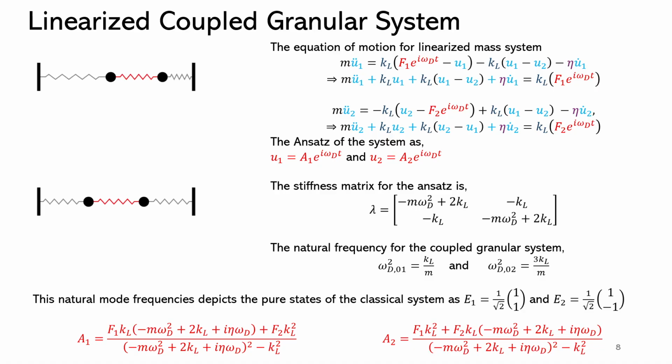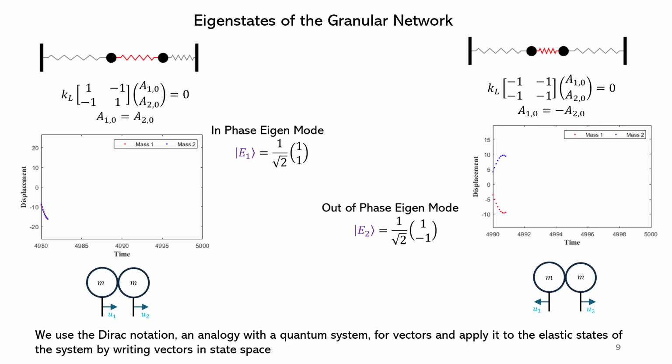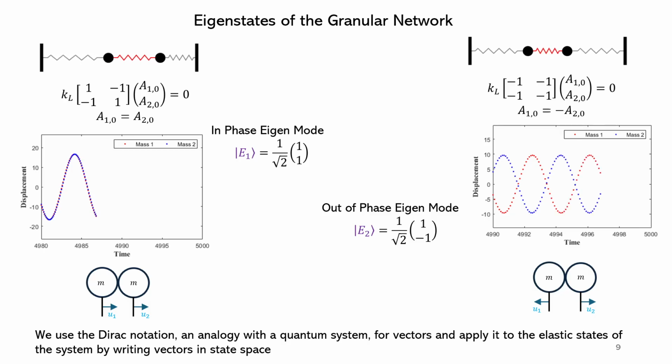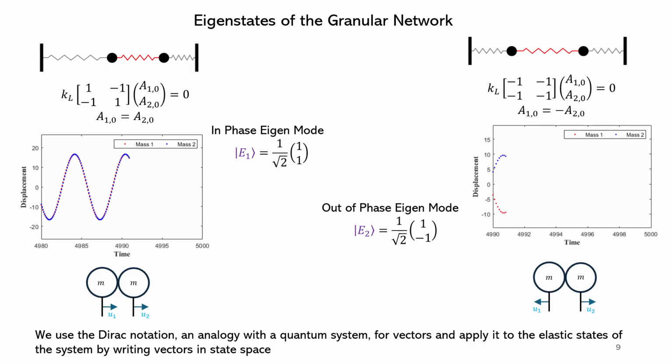Now we'll show how E1 and E2 can be derived from our stiffness matrix. On the left, if we apply E1 as 1 1, or apply the natural mode frequency in the stiffness matrix, we can get the same amplitude.